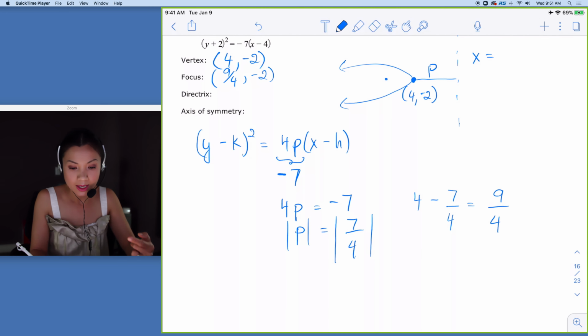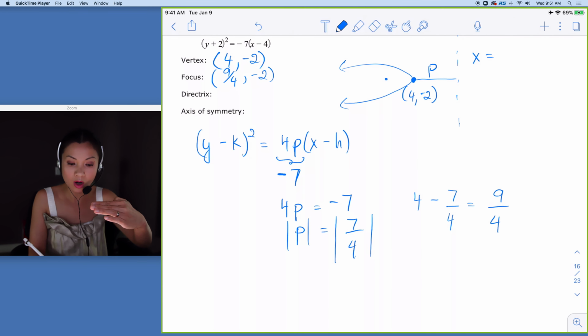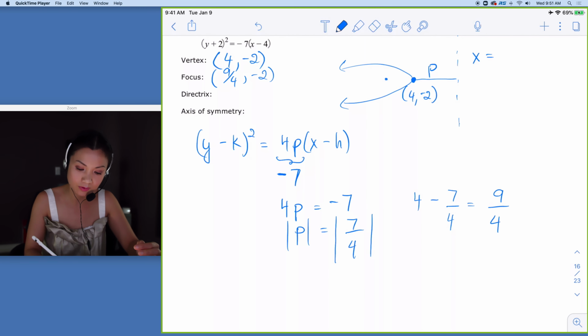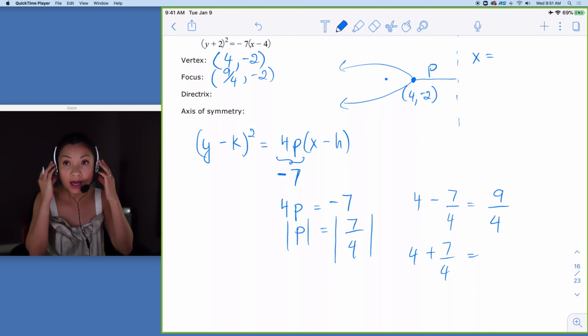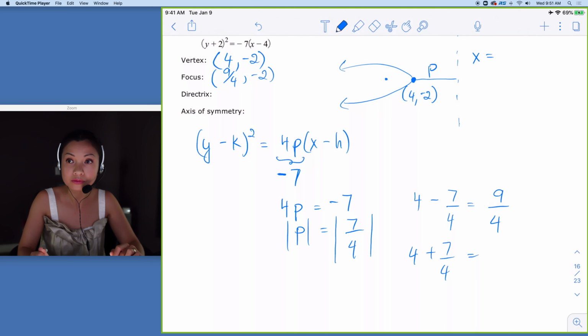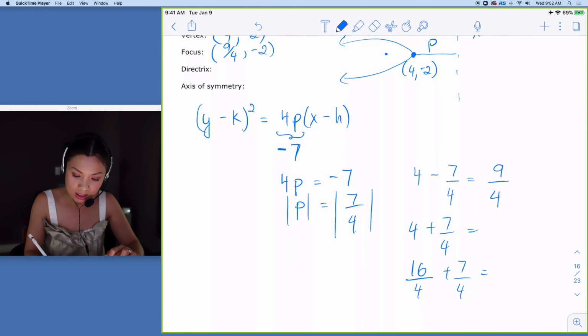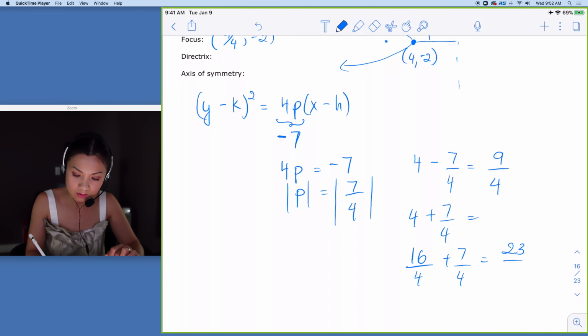Directrix is from 4, and then you go the other way. So I'm going to add for the directrix. So 4 plus 7/4. So what I have is 16 over 4 plus 7 over 4, which is 23 over 4.